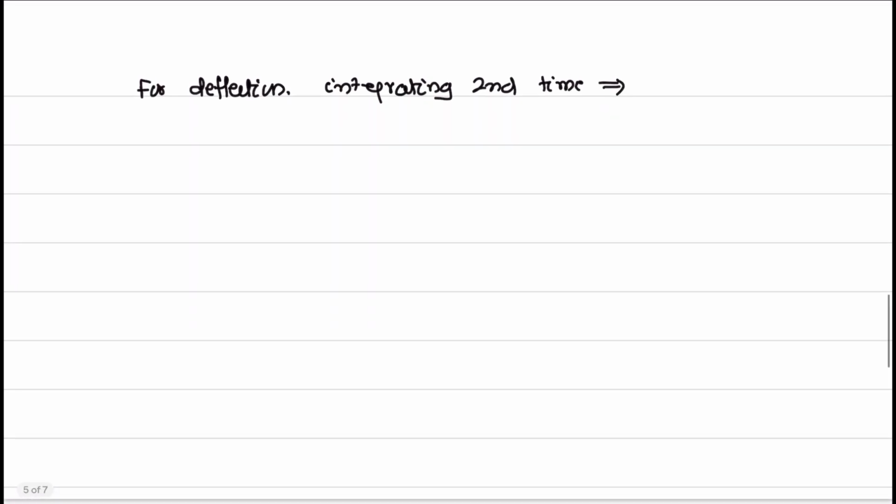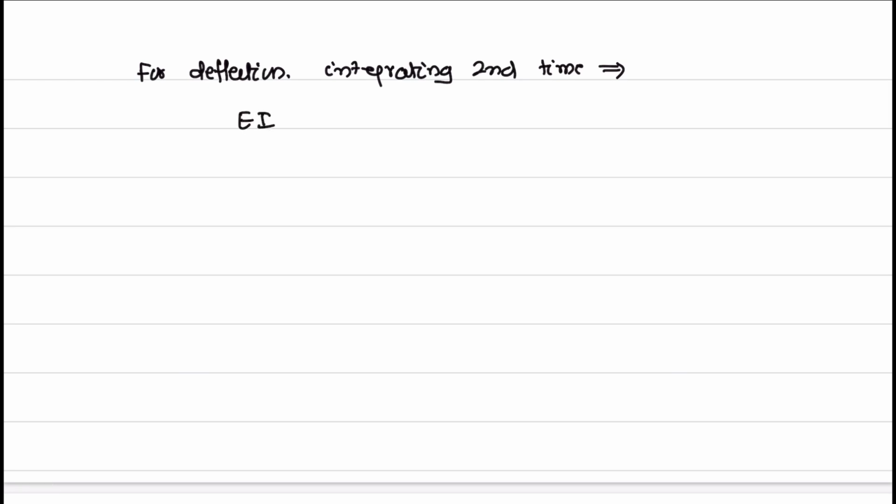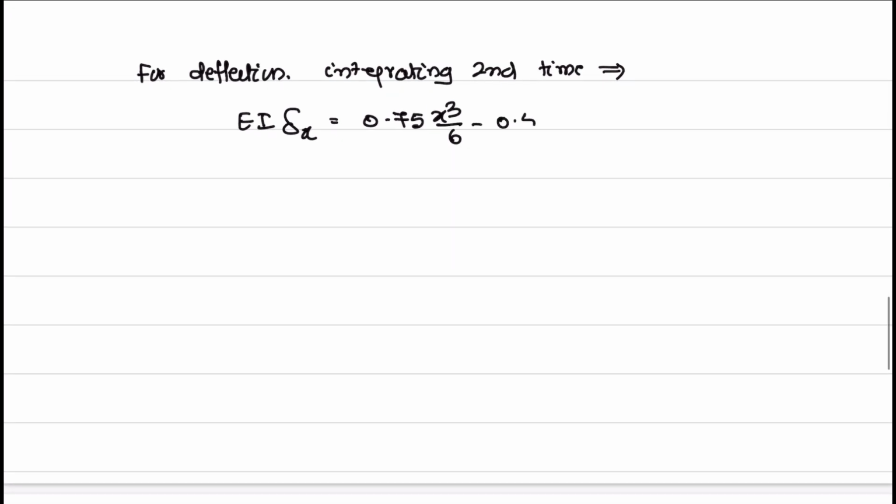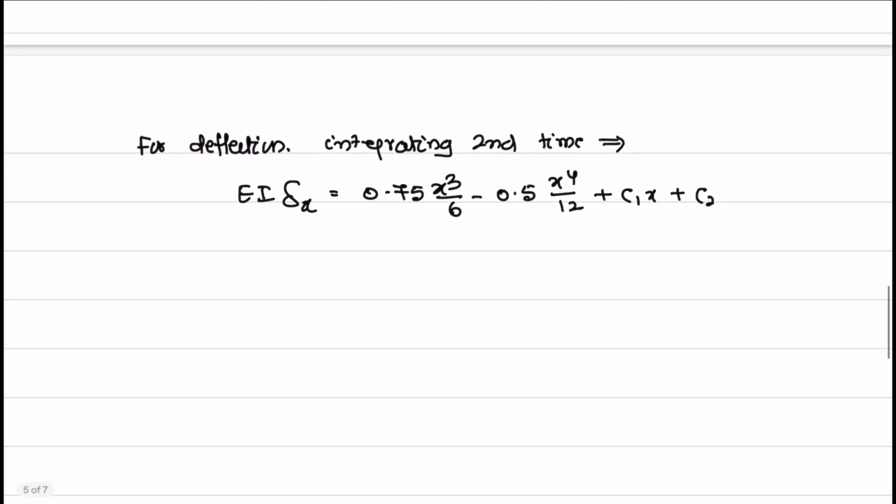Integrating the second time, we get EI delta x is equal to 0.75 x cube by 6 minus 0.5 x to the power of 4 by 12 plus C1x plus C2. This is the equation.